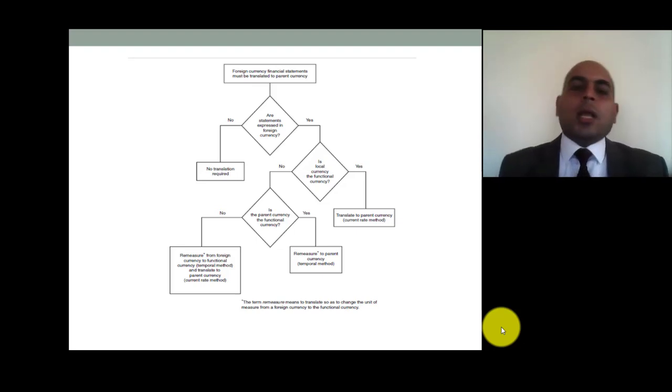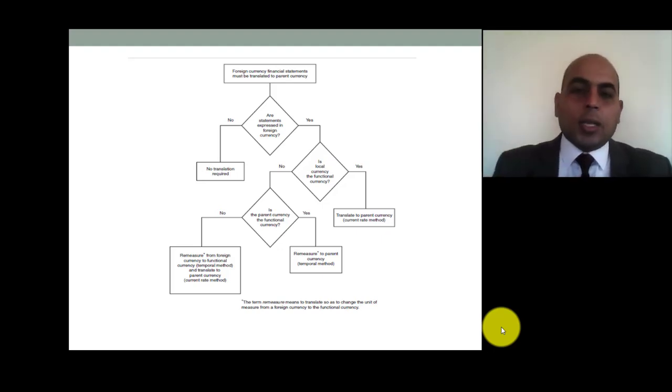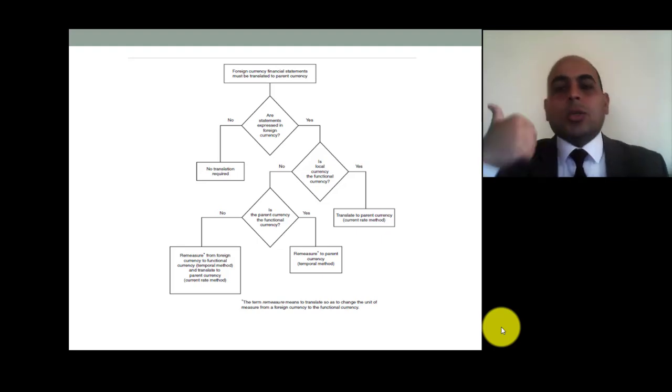Now the question: the functional currency of the affiliated company should be determined, and what currency do they use to prepare the financial statements? Is it the functional currency or not?